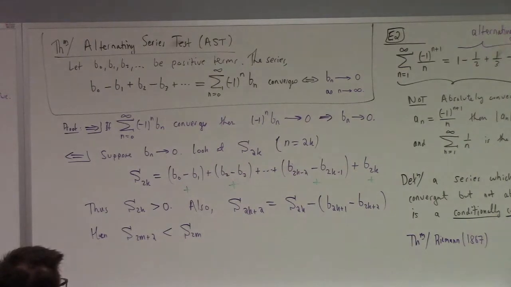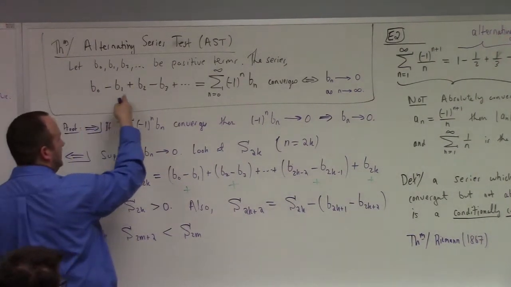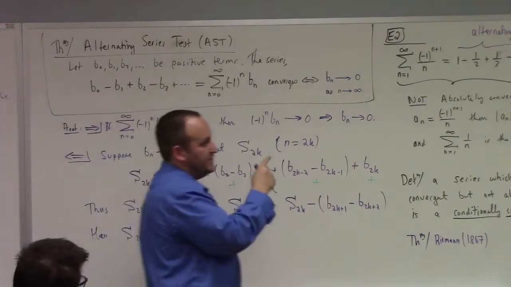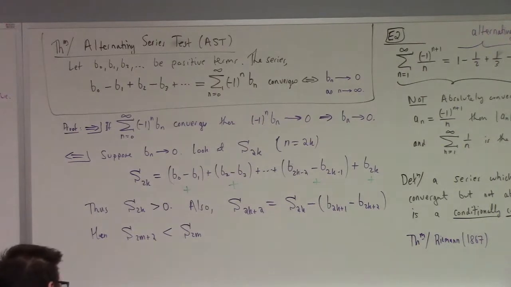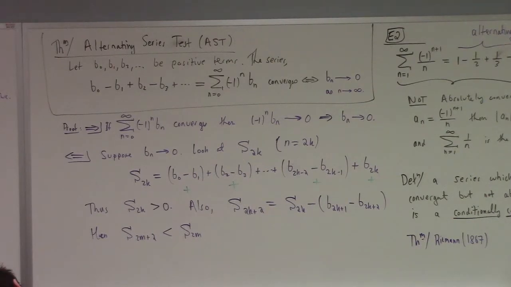This one is arranged so that we've got positive on the even, while my example is arranged so that we have positive on the odds. So the story turns over. In my example, the even subsequence is increasing partial sums, and the odd subsequence is decreasing partial sums.